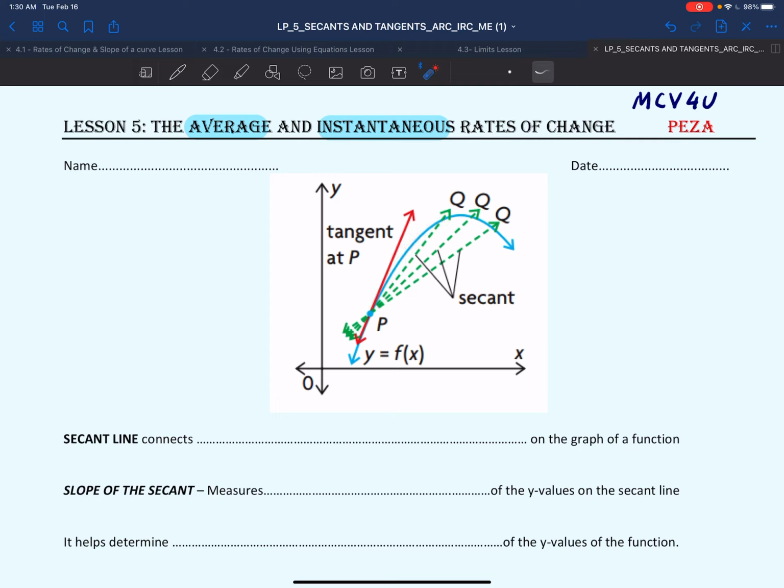So to help us determine the average rate of change over a specific interval, we pick 2 points and then we draw a line that connects these 2 points. Now, the line that connects these 2 points is called a secant line. So by definition, we say that a secant line connects any 2 points on the graph of a function.